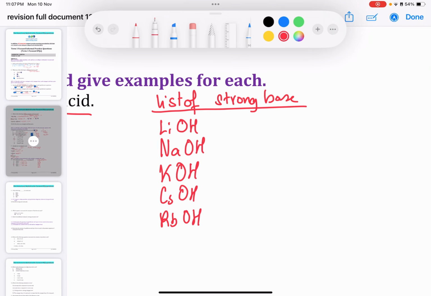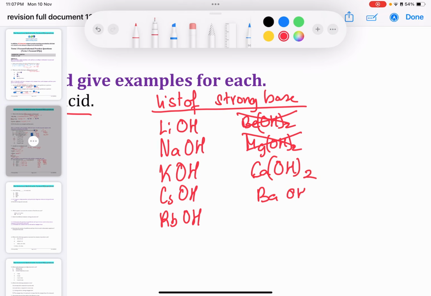These are the strong bases. Now from group 2, beryllium hydroxide is a weak base. Magnesium hydroxide is a weak base, but calcium hydroxide, barium hydroxide and strontium hydroxide are all strong bases.